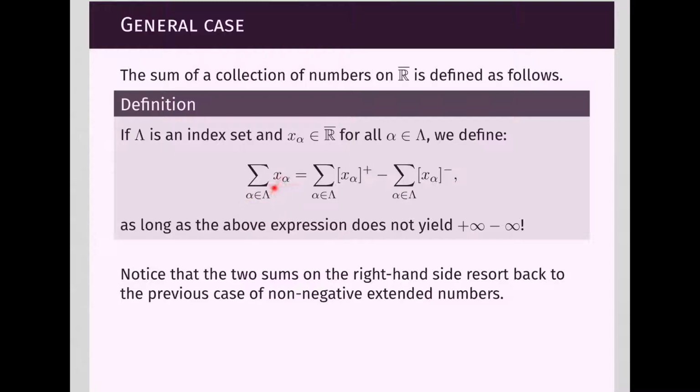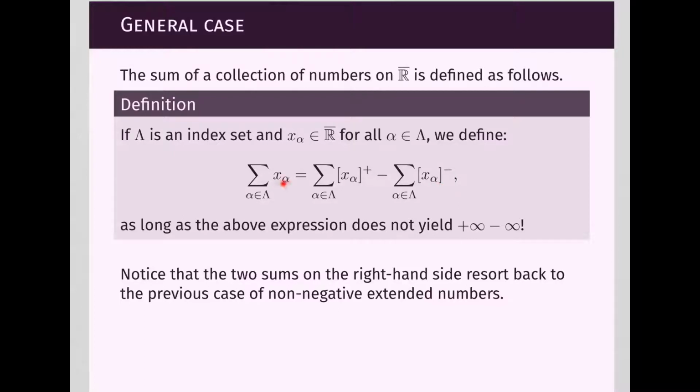For each of those numbers, we split it into its positive part and negative part. If the number is negative, the positive part will be 0. If the number is positive, the negative part will be 0. This is how we define these two little symbols here. And if the number is 0, then both the positive and negative part will be 0.